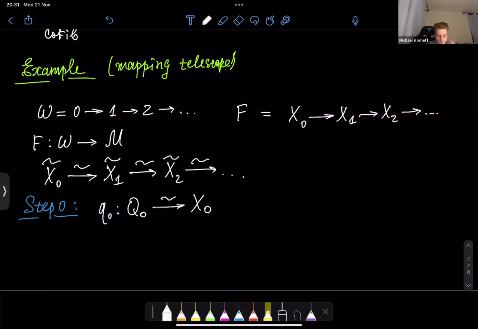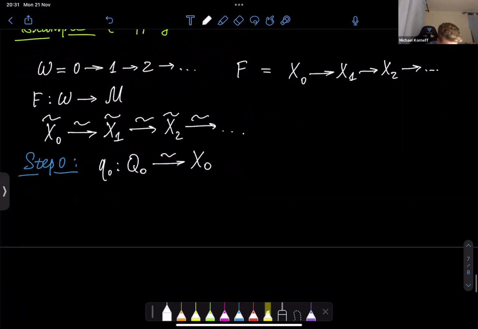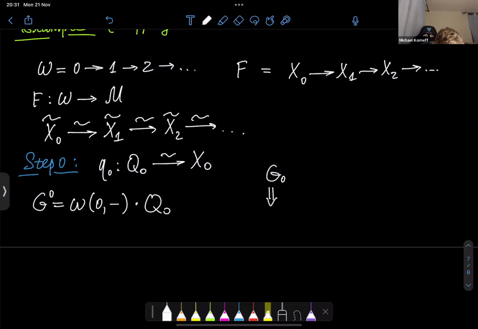So suppose Q0 is the usual cofibrant replacement for the space x0, and we also define the functor G0 as a tensor product. So as a step 0, we have the natural transformation from the functor G0 to the functor F, and the following diagram.